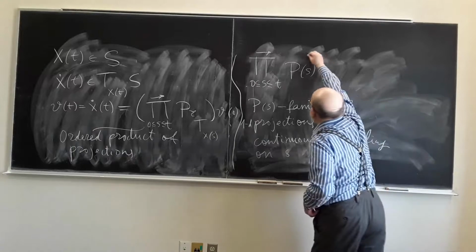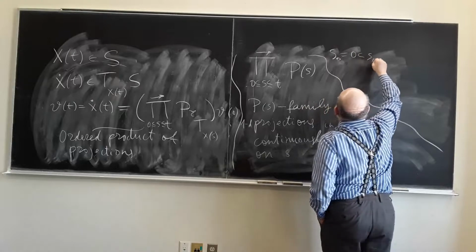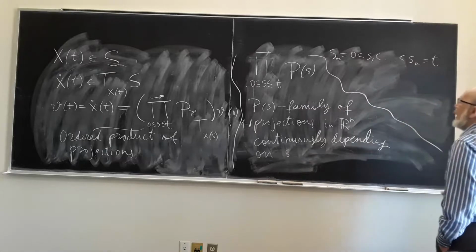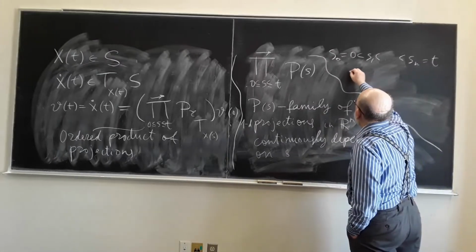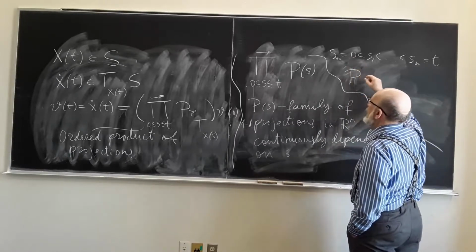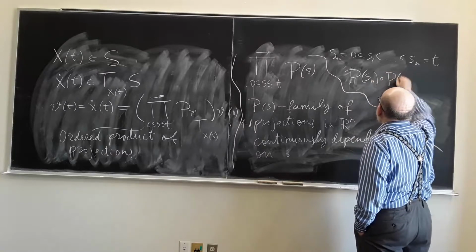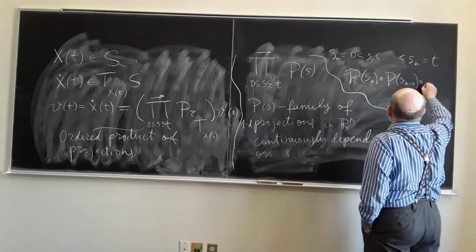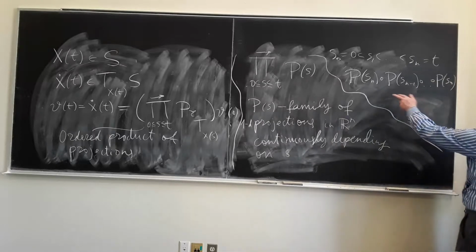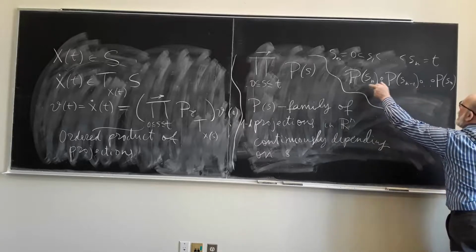Now let us write the following. S0 is 0, less than S1, less than Sn equals T, for example. And we write P of Sn times P of Sn minus 1 times P of S0. As usual, it is a product of operators, so we first do this, then this, then this, and so on.